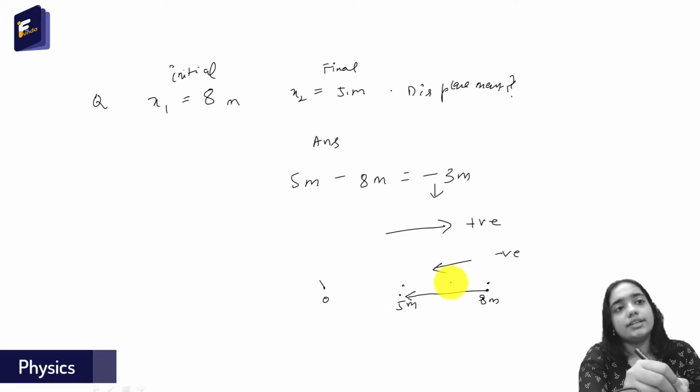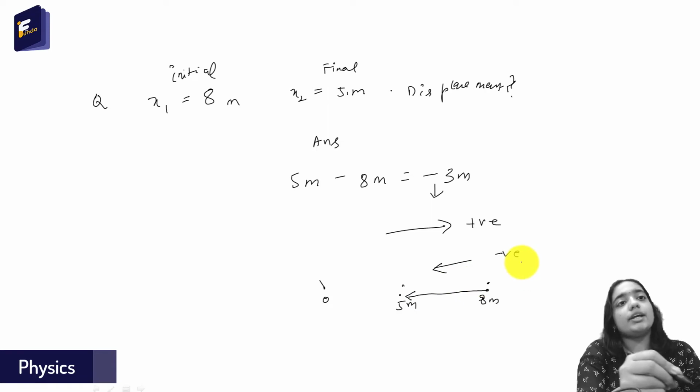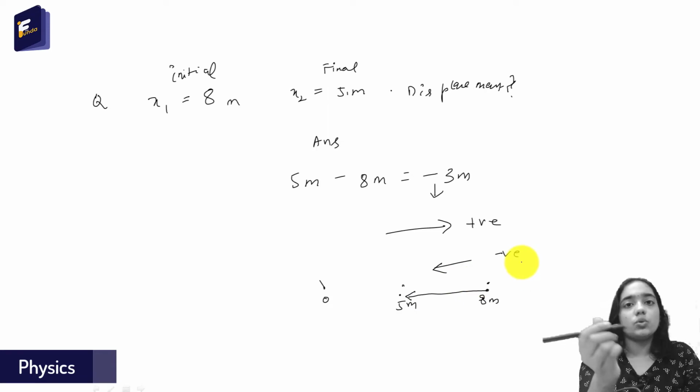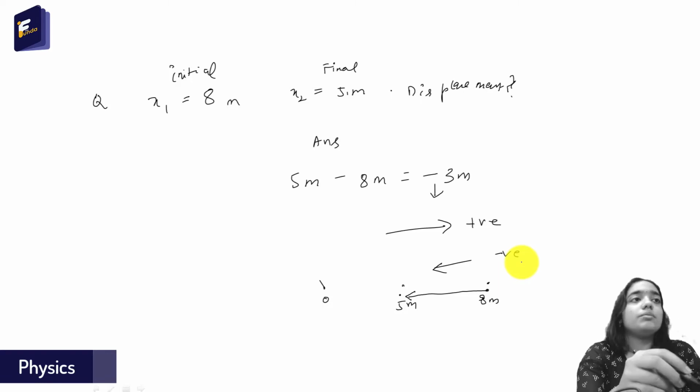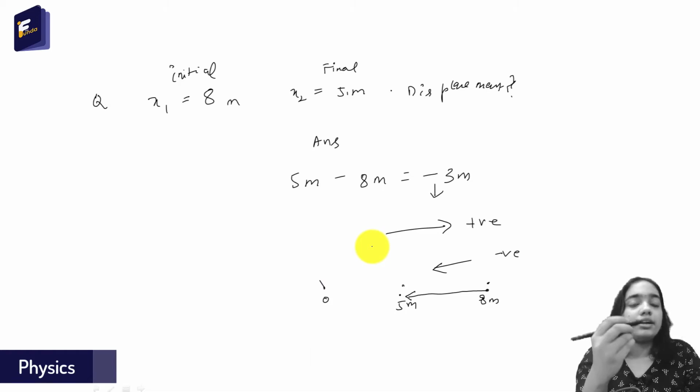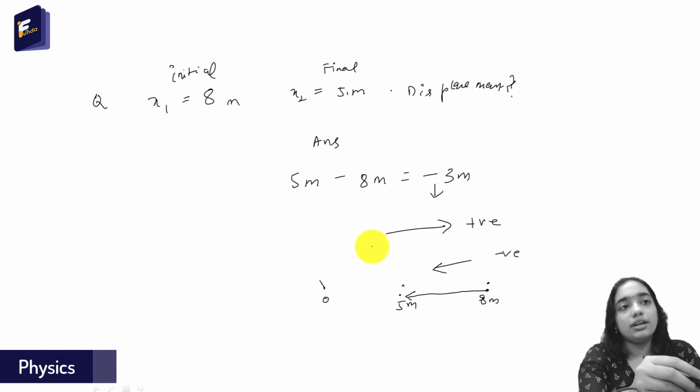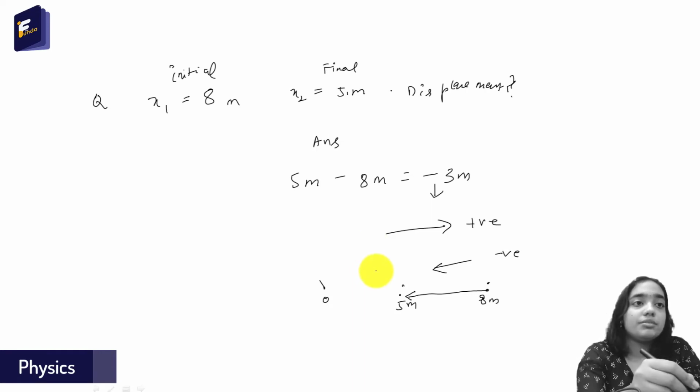You can see that the direction in which the particle is going is towards the left. The particle is going like this, towards the left. So as the particle is going towards the left, the sign of the displacement is negative. As we have represented, the left side is negative, so the particle has a negative displacement, and the 3 represents that it has covered 3 meters towards the left.